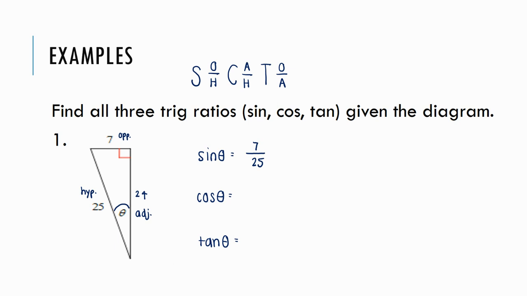Since cosine is adjacent over hypotenuse, we labeled the adjacent side as 24. Hypotenuse is still 25. I can't simplify that any further. That is my answer. For the tangent of theta, remember, opposite over adjacent. Opposite is 7, adjacent is 24. I can't simplify that ratio. I have all three answers.